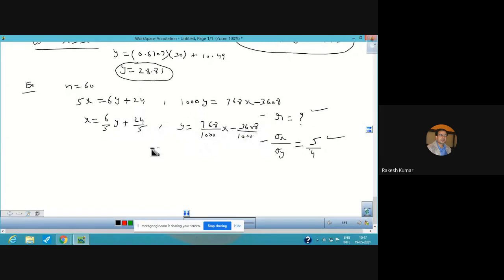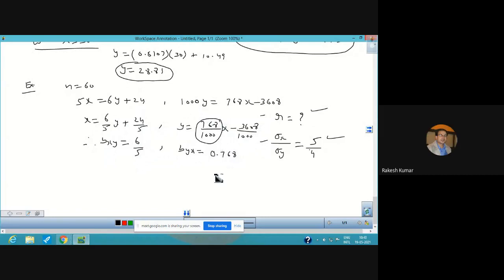So from this, you can easily find out the regression coefficient of x on y, that is bxy. That will be the coefficient of y, so 6 over 5. Similarly, byx, the regression coefficient y on x, will be the coefficient of x, that is 0.768.